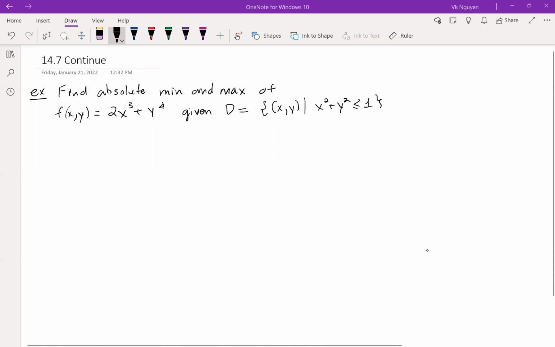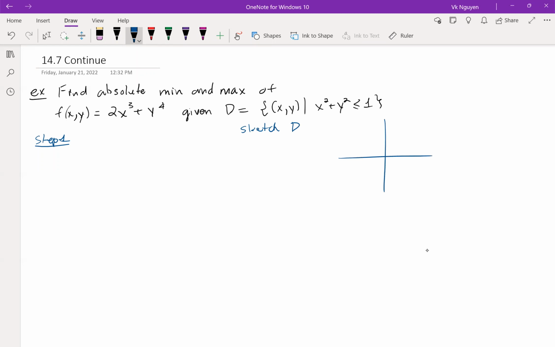Step one. Usually you want to sketch out the domain though, so you can see what is going on here. I'm gonna sketch D. Okay, a circle.